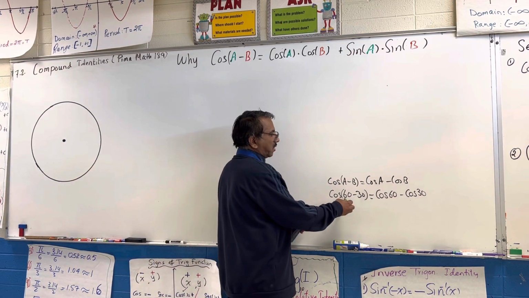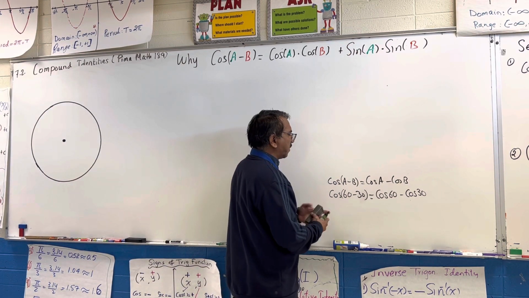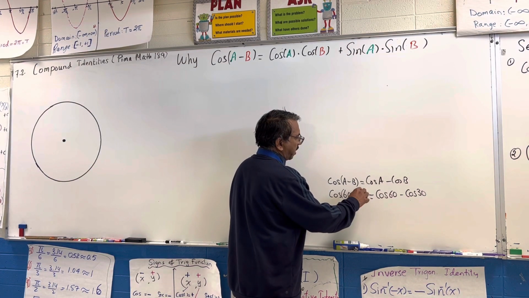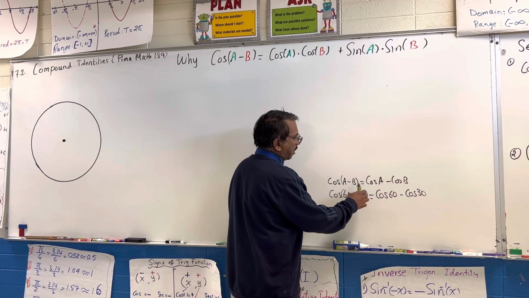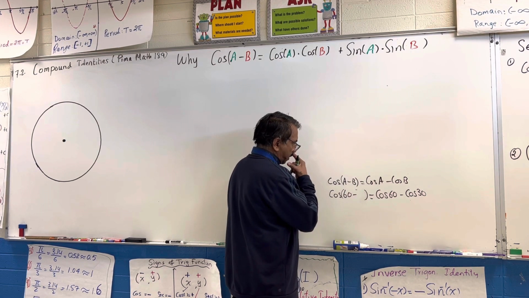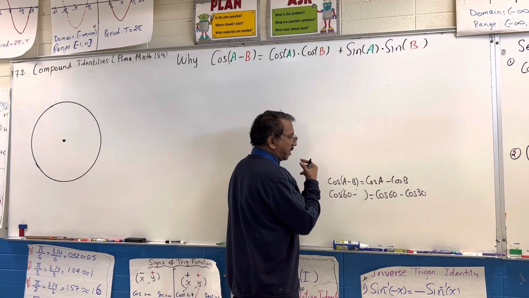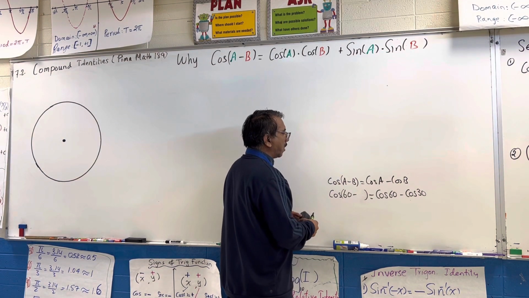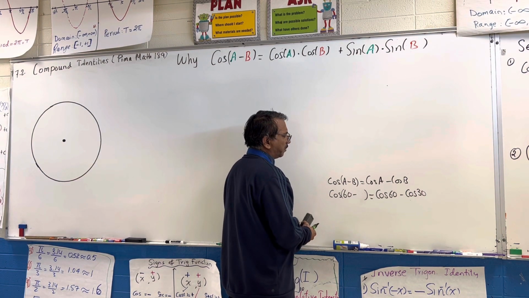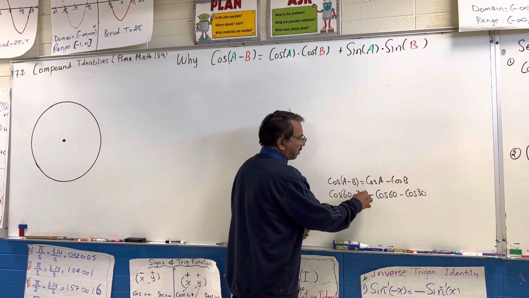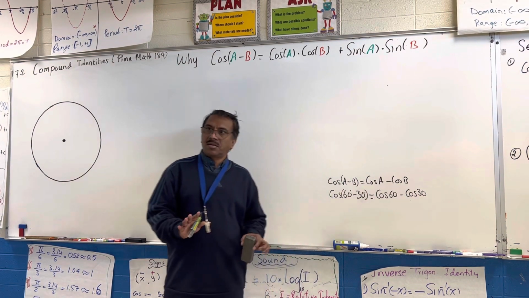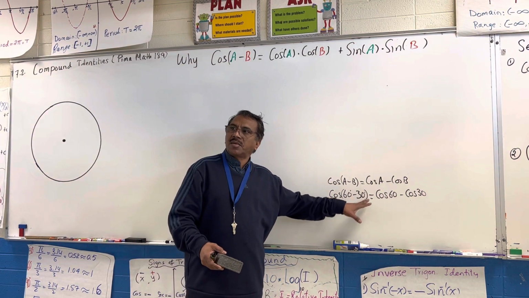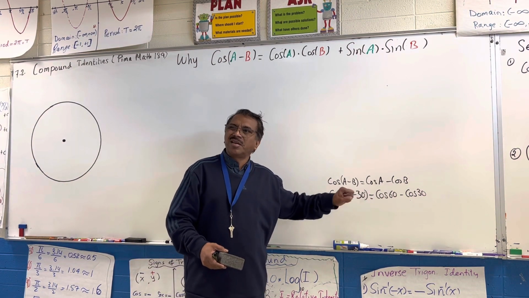Are the 60 and 30 in degrees? Yes, in degrees, just to get an idea. Let's take 30 degrees to make it easy, because you can write pi by 3 minus pi by 6 also like that.